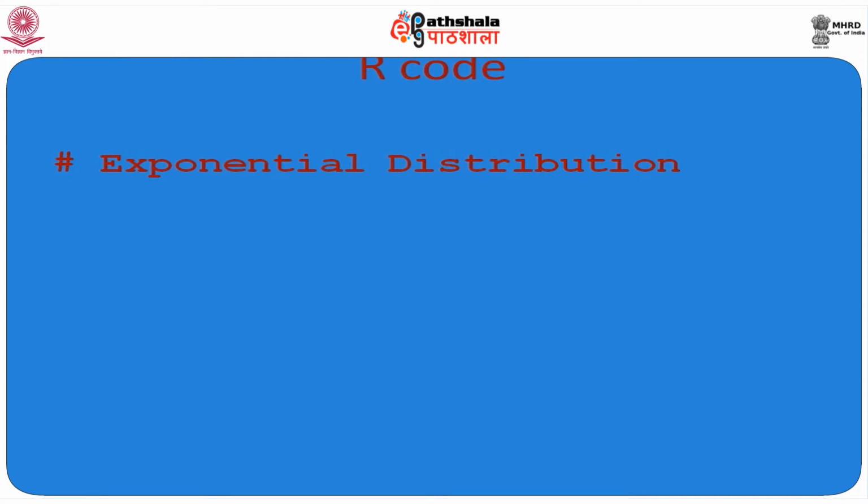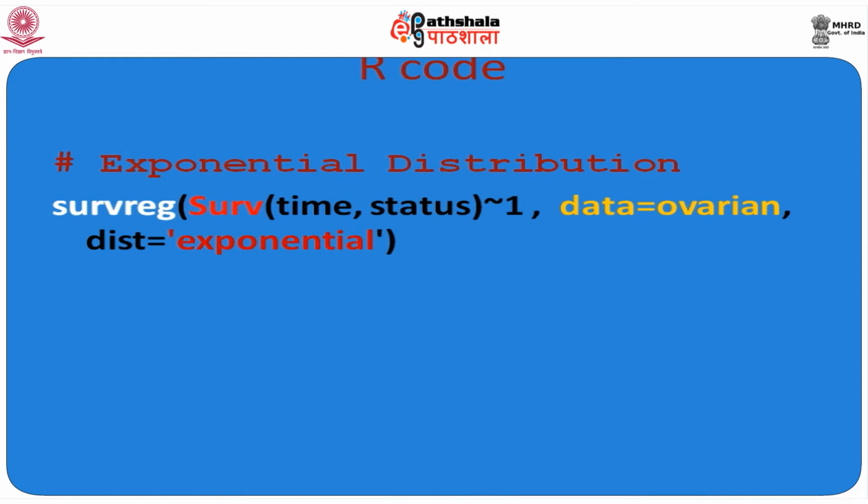Here we will illustrate the R code for exponential distributions. Earlier we saw survfit, with the Surv function given inside the parentheses, and into that time and status given. Here we are using a new function called survreg.